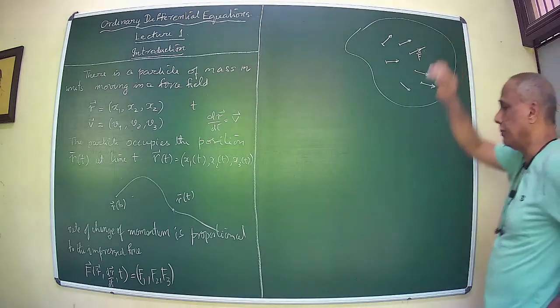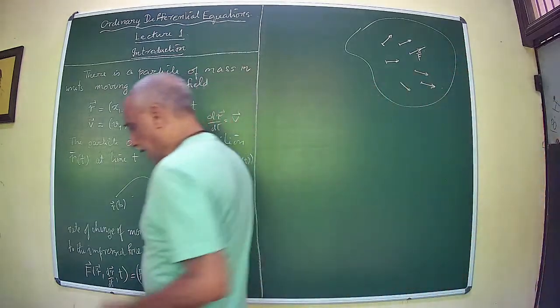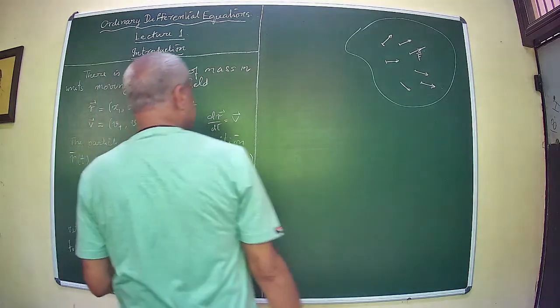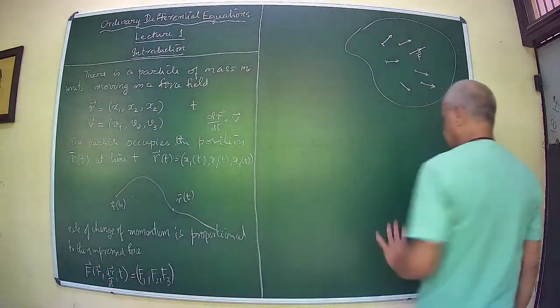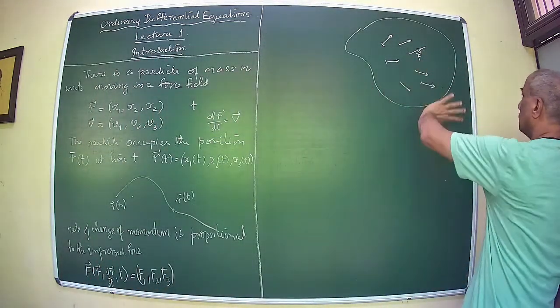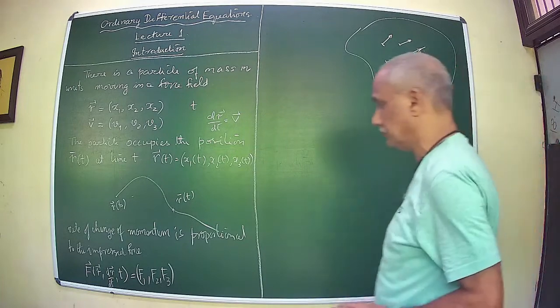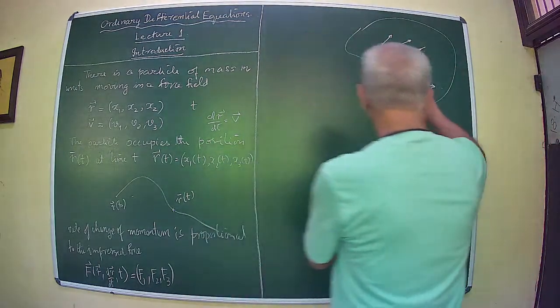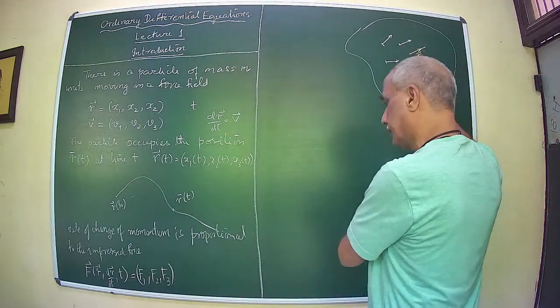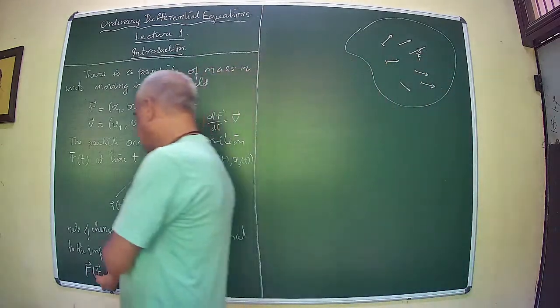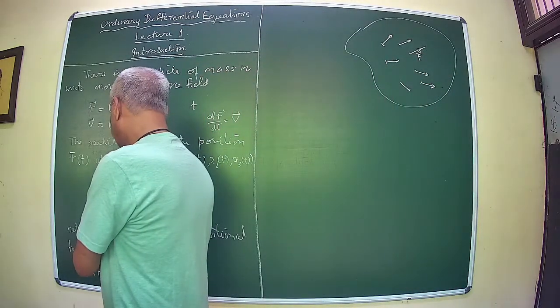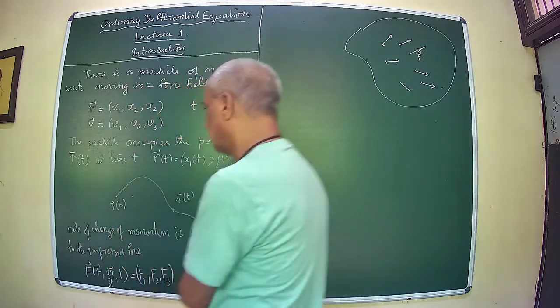This is described by F, and if it also depends on time, then this force field changes with time. It changes with space, it changes with time. So in general, it is a function of position, velocity and time.